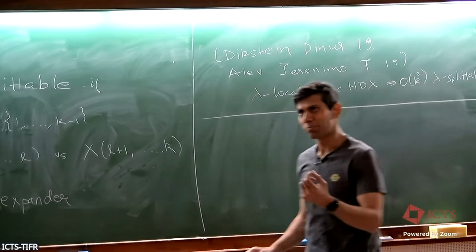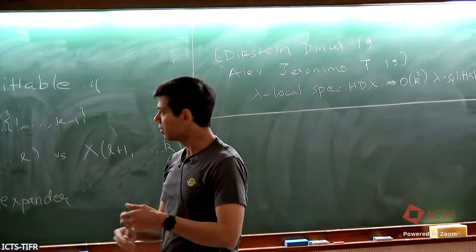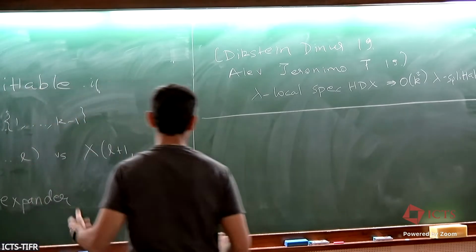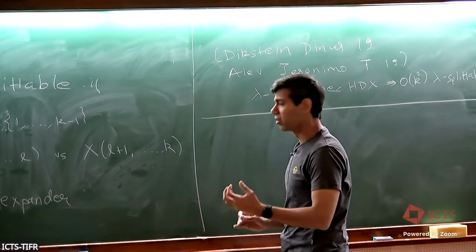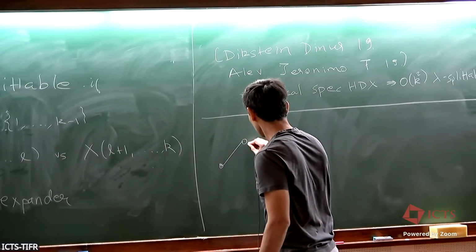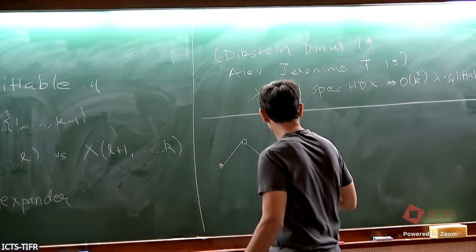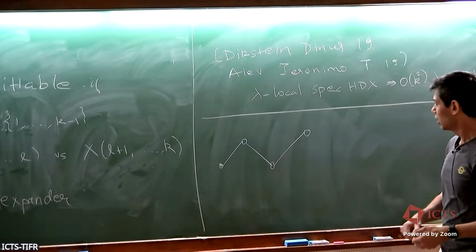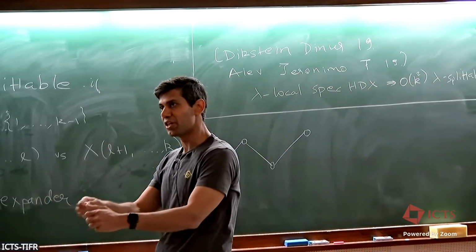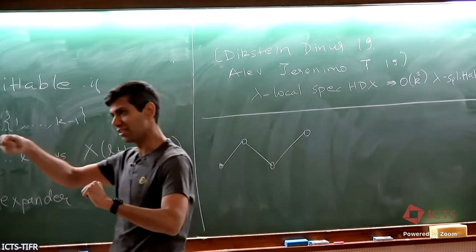Let's talk about expander walks. So now it's a partite complex. I can think of ordered walks and so on. And let's talk about expander walks with 4 vertices, 3 edges. So I have some underlying graph on which I take walks of length 3. I see 4 vertices.